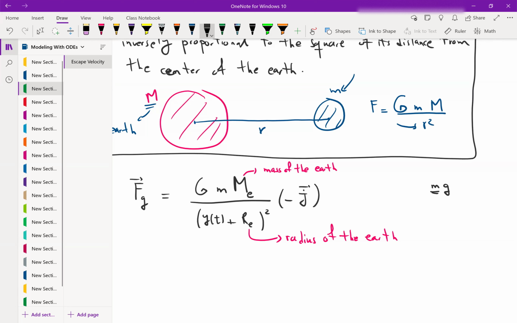So as a matter of fact, what you know is that if y(t) is zero, then this magnitude that you see here is equal to Fg.